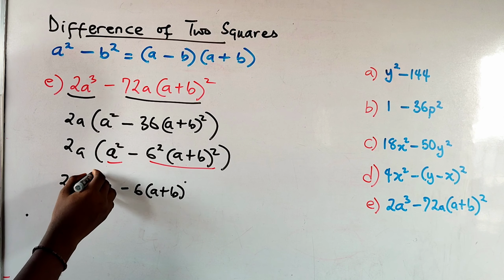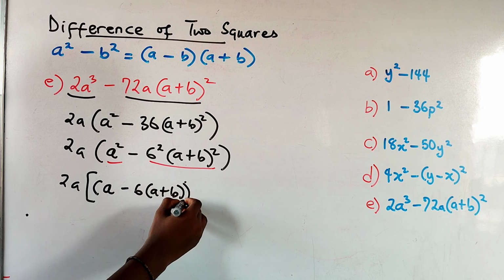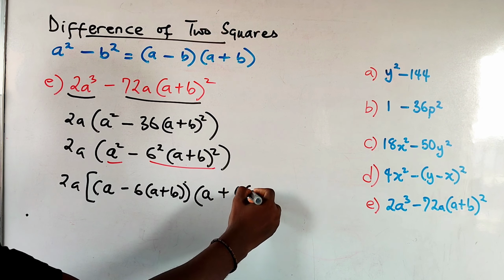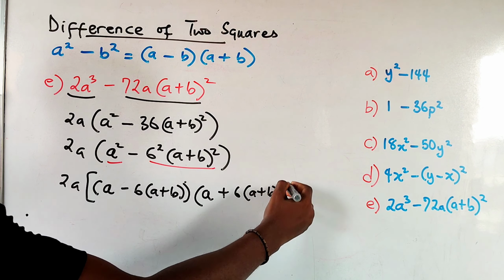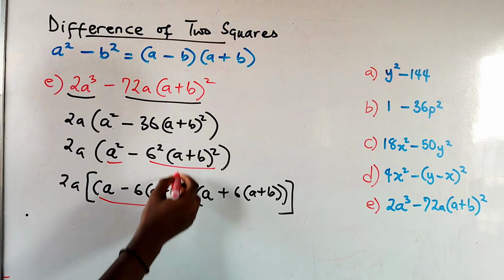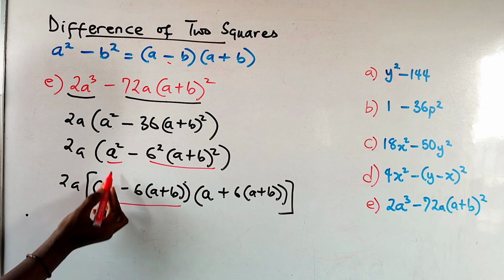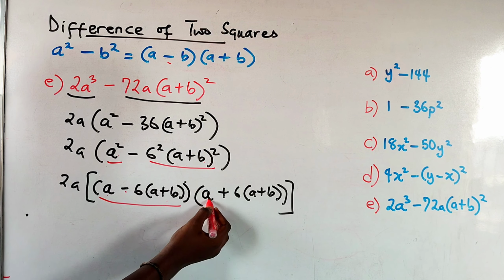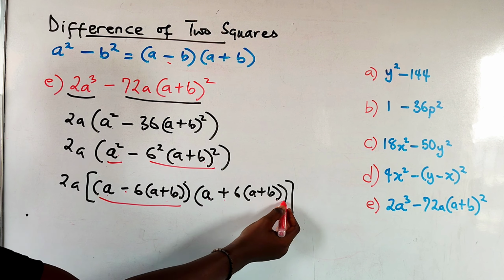Let me change this to square brackets. And (a plus 6(a plus b)). Okay, so this is the first minus the second, and the first plus the second.